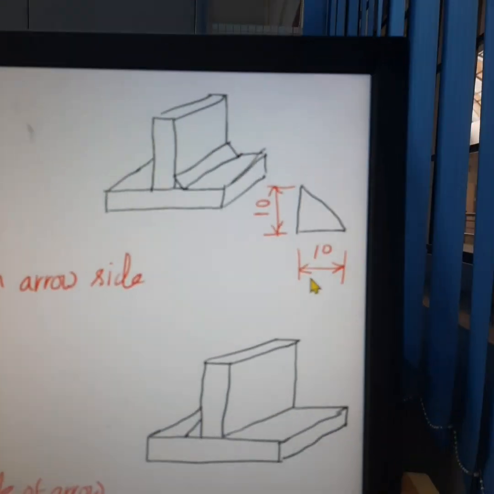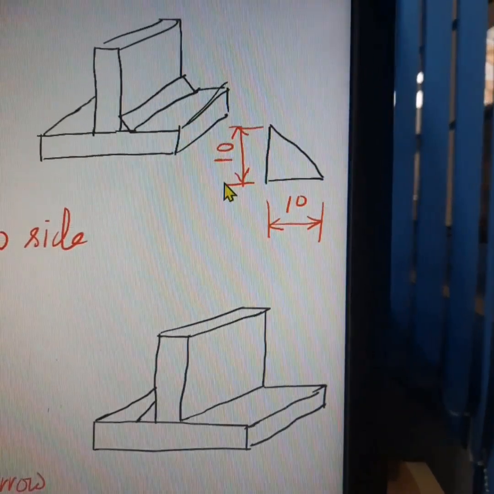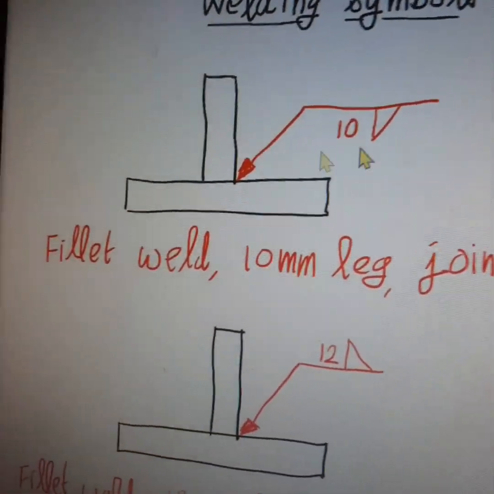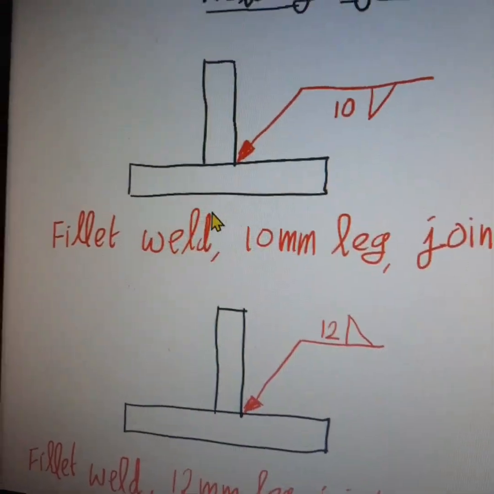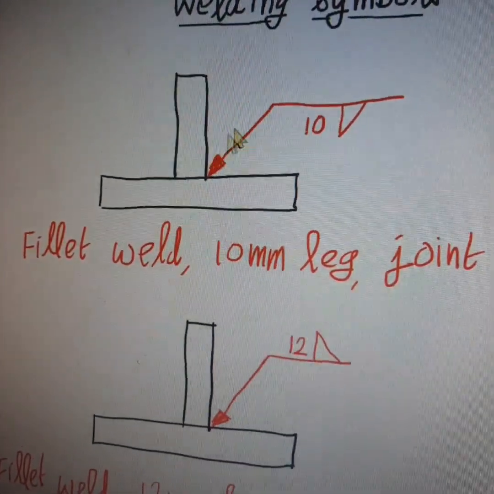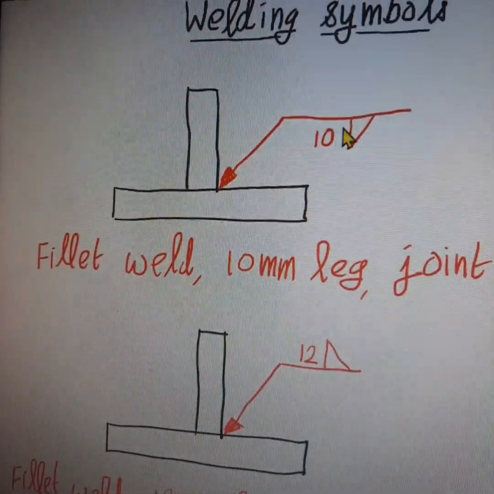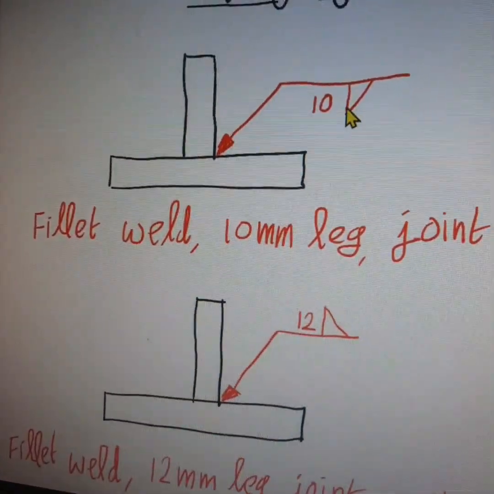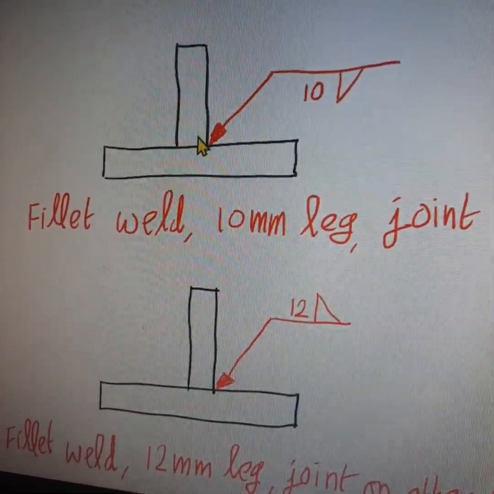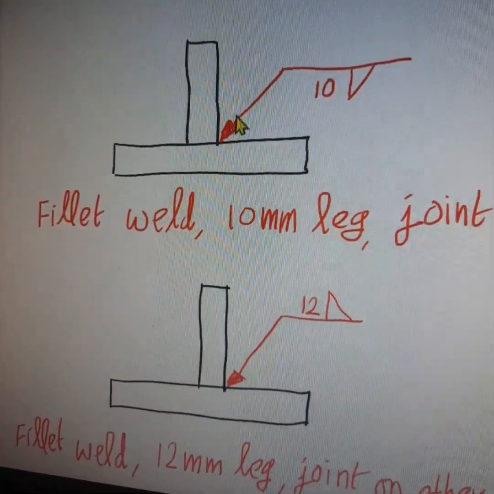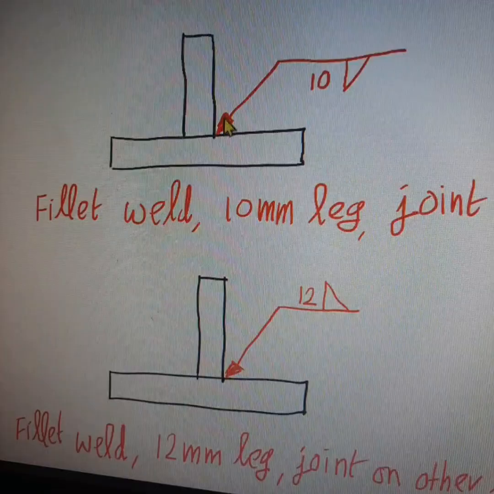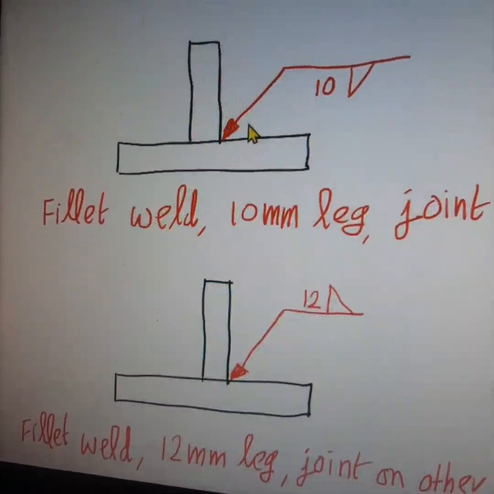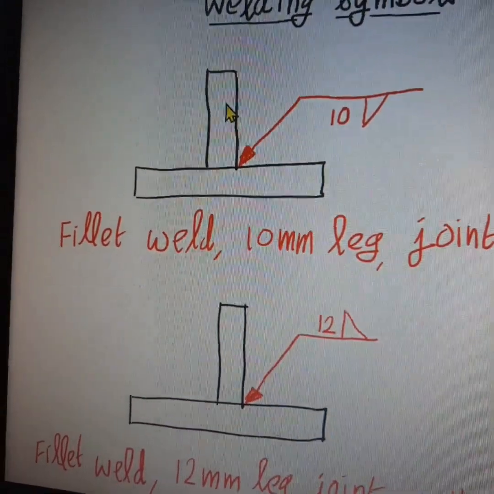Let us say the size of the weld I have chosen is 10 by 10. How do we indicate it in the drawing? You draw the orthographic view of the plates, then this is the welding symbol. Whenever the symbol is drawn below the line, it indicates that it is applicable on the arrow side of the welding symbol. So the fillet weld is to be done on the right side of the vertical plate.